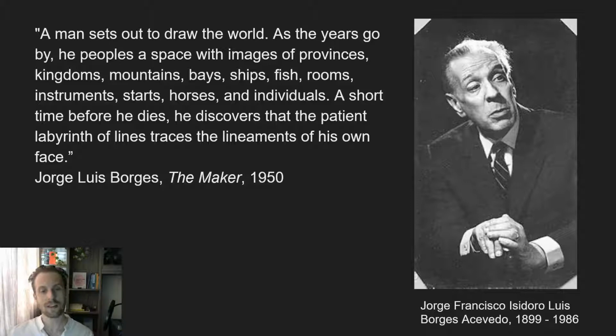For Borges, in his story The Maker, an image of the world is an image of a kind of impossibly complex reality, but once this complex reality is finished, the artist simply finds that they have made a portrait of themselves. So much like Ted Chiang's use of spatial logic, where we go through infinity and somehow end up back where we started, there's a similar type of logic in many of the works of Borges.